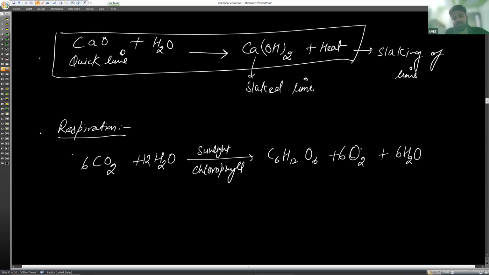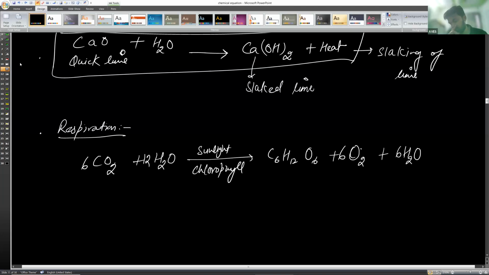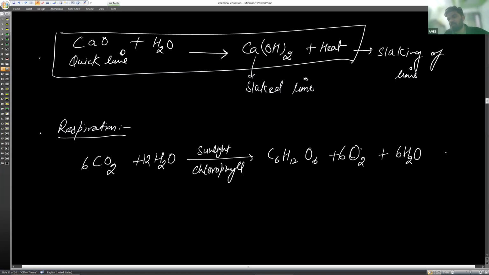So respiration is considered an exothermic reaction because in respiration a large amount of energy is released, and this energy is used for various metabolic activities that take place inside our body. You understood? Yes, sir.